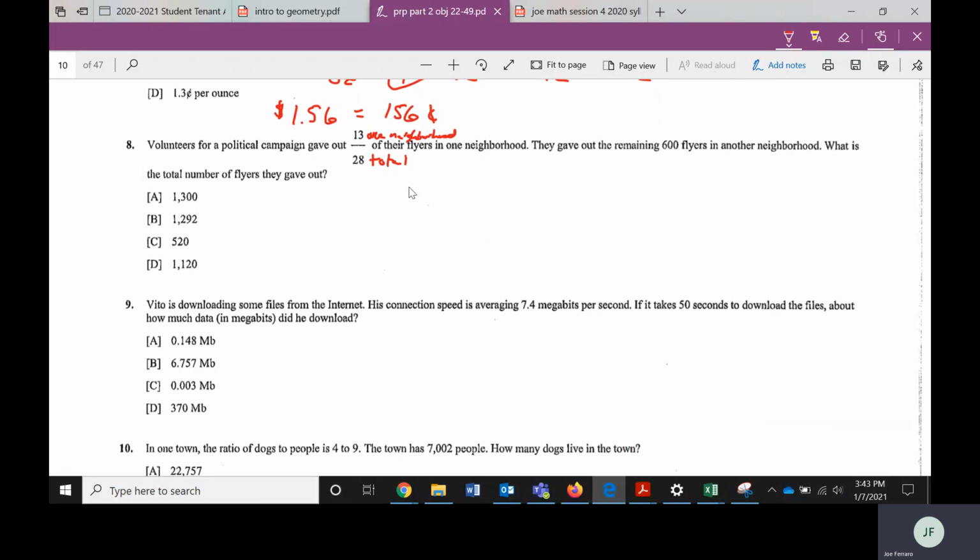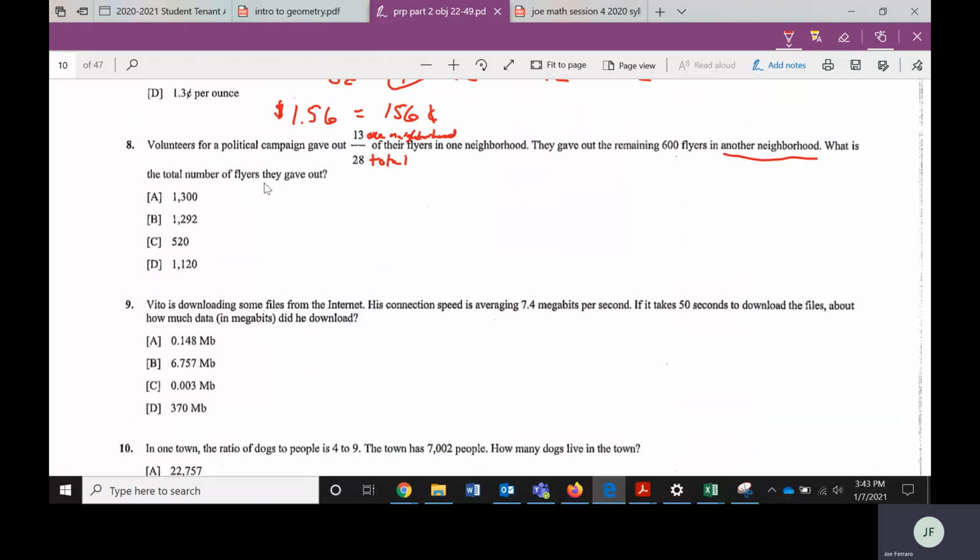It says they gave out the remaining 600 flyers in another neighborhood. So it might be a little confusing what they're talking about. One neighborhood could be St. Paul, another neighborhood could be Minneapolis. So they're two separate neighborhoods.